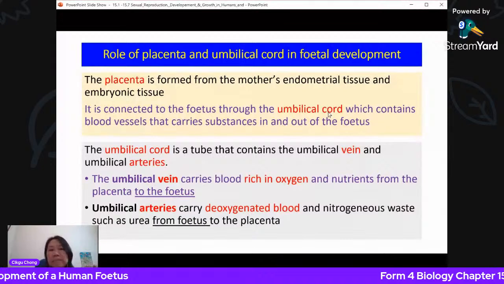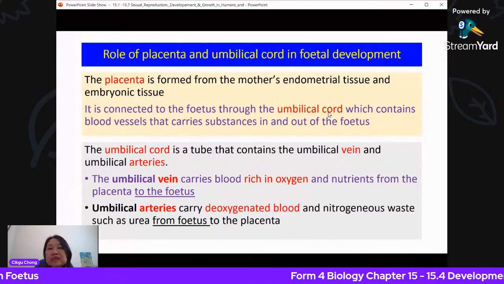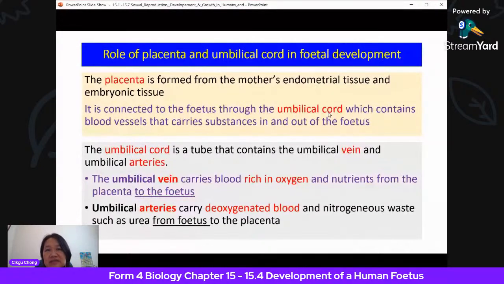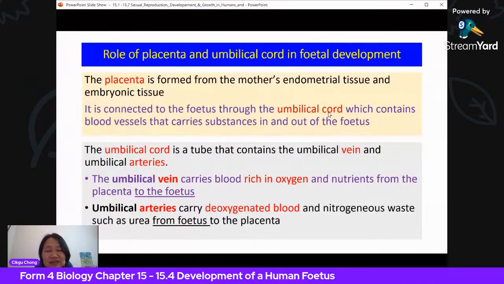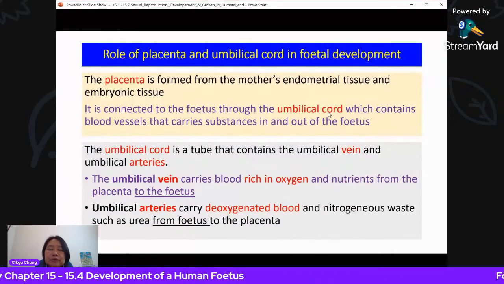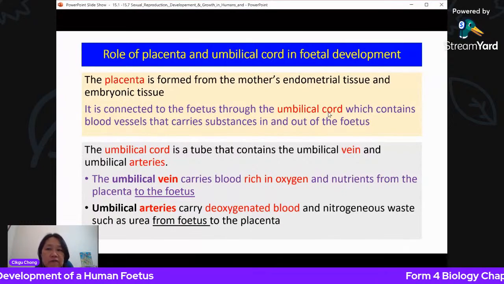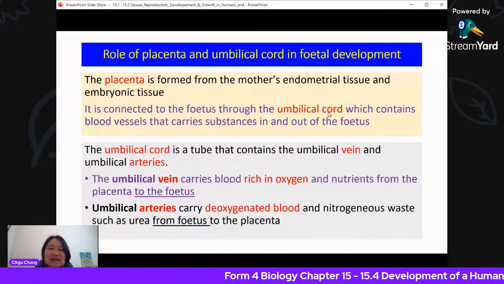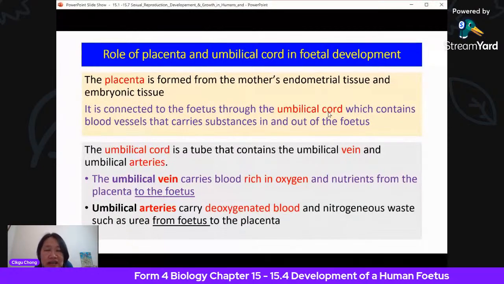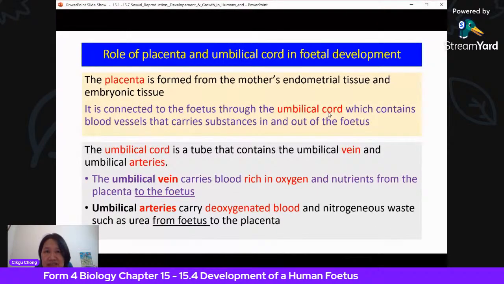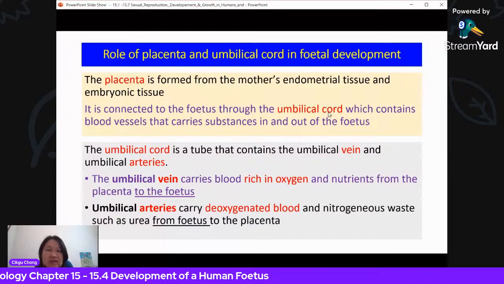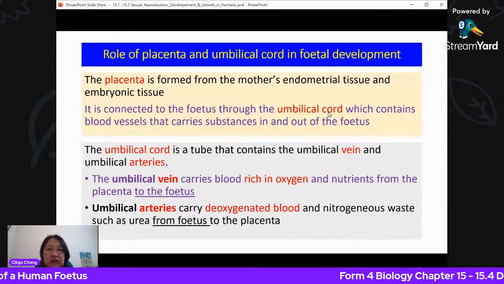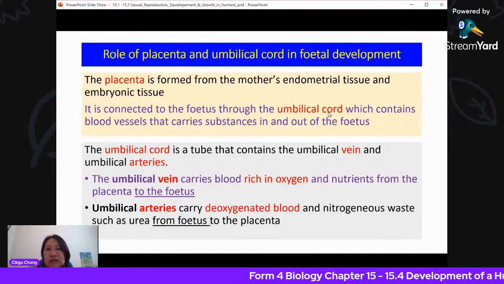So when you talk about umbilical vein, it should be the vein that brings blood into the baby's heart, not the mother's heart. Not say baby, like fetus, because when it's not born, you can't call it a baby yet. Only when the baby is born, then you call it baby. In technical terms, it is still considered a fetus until the moment before it's born.